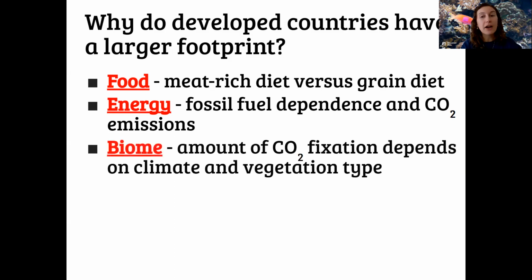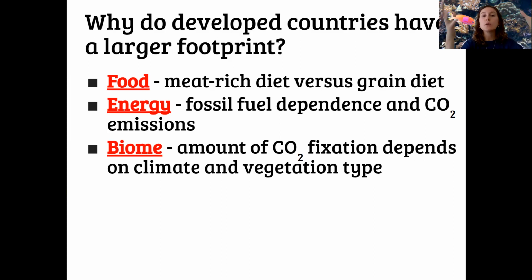Finally, it also depends on the biome of the area. What are our territories like? Areas that have a lot more dense vegetation, marshes, swamps, wetlands, peat moss, are huge CO2 consumers and fixers. They're absorbing the carbon dioxide in the atmosphere and keeping it down below the surface, which means their biocapacity is better.